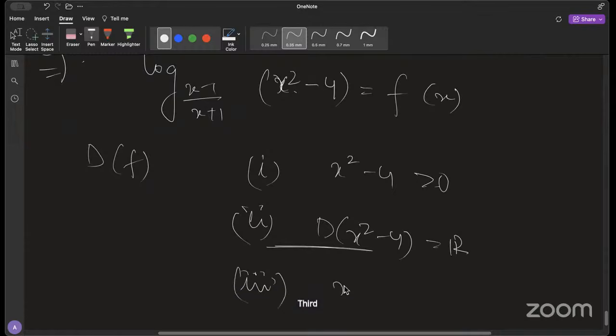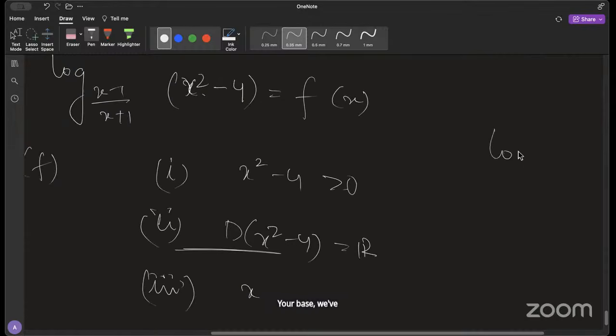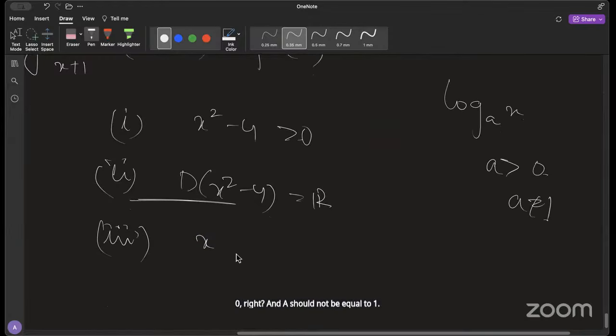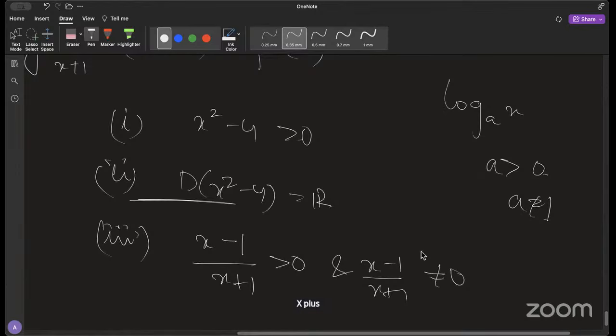Third, and important, is your base. We've already discussed that if you have log base a of x, then a should be greater than 0, and a should not be equal to 1. So you have to make sure that (x minus 1)/(x plus 1) is greater than 0, and (x minus 1)/(x plus 1) should not be equal to 1.